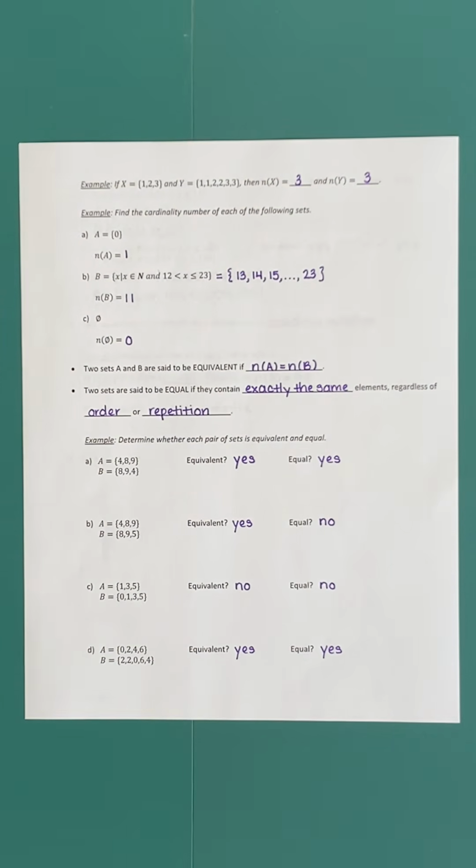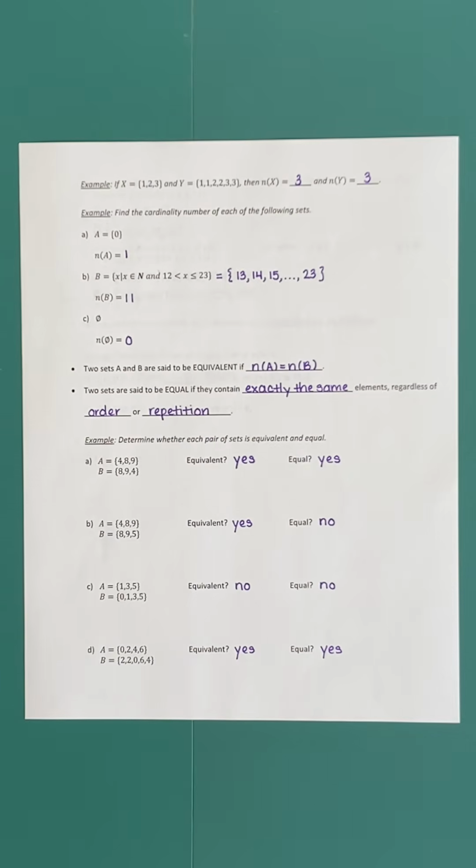Typically, we don't want to list duplicates. If you're going to use sets, for instance, to talk about solutions to an equation, there are some equations where we get duplicated solutions. We don't list them more than once. The general rule with sets, if you're going to create one yourself, is you don't typically list duplicates.